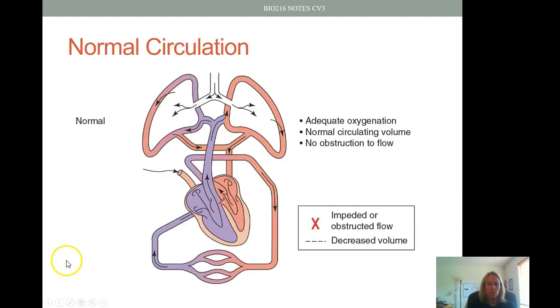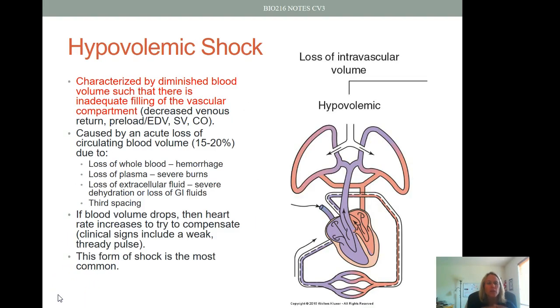So first let's review our normal circulation. In our normal circulation, we have adequate oxygenation from the lungs. We have normal circulating blood volume, and there is no obstruction in the circulation. It is not impeded, and blood volume is normal. Okay, our first one is hypovolemic shock, and this is characterized by a diminished blood volume such that there is inadequate filling of the vascular compartment.